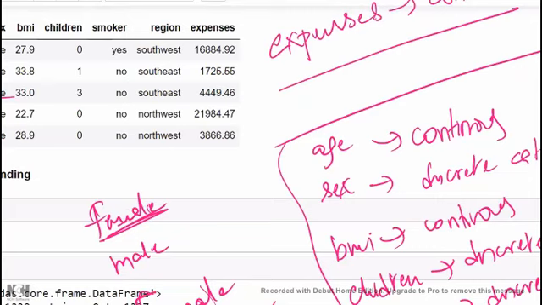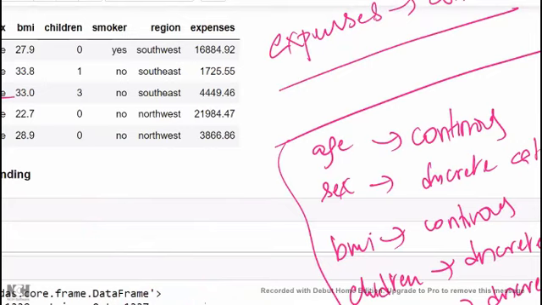For doing the exploratory data analysis, first we have to separate the data. Which data is continuous and which is discrete, that we have to separate. Now here, what is the list of continuous variables? I'm going to take continuous equal to a list of: first one is age, second one is BMI. These are the two, and along with the output variable, that is expenses.